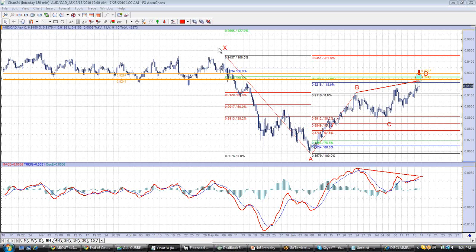So if your larger pattern is on a 4-hour chart, then you look for a smaller pattern on 30 minutes or 1 hour. If it's on a daily, you can go to 1 hour or 2 hours.